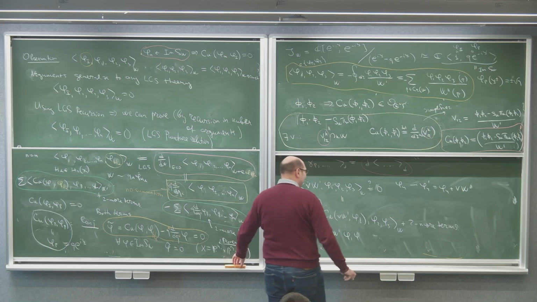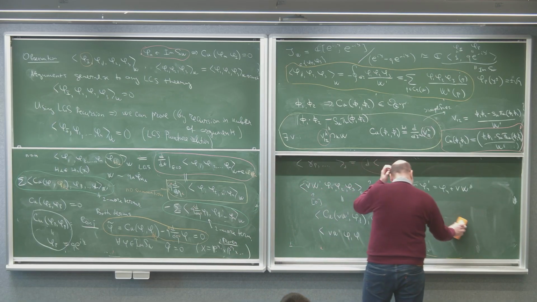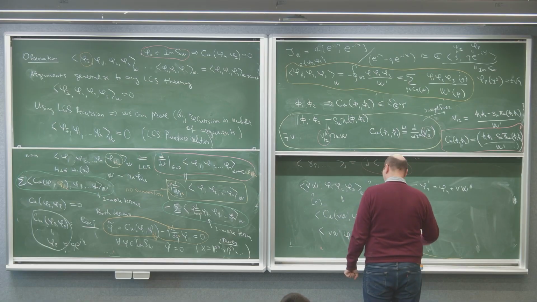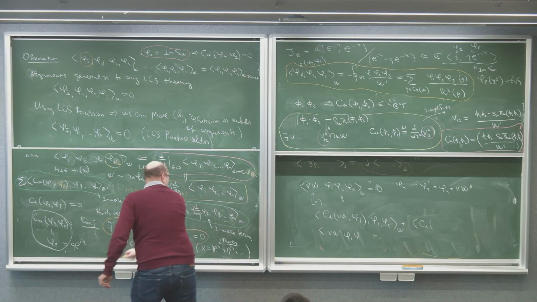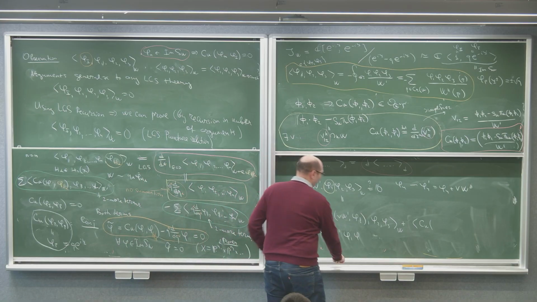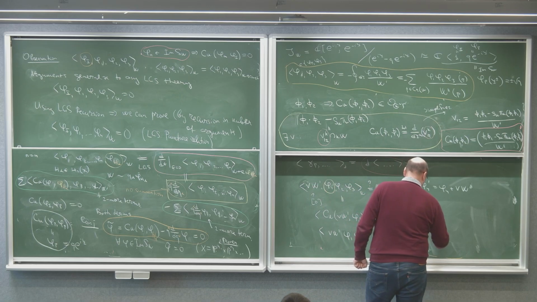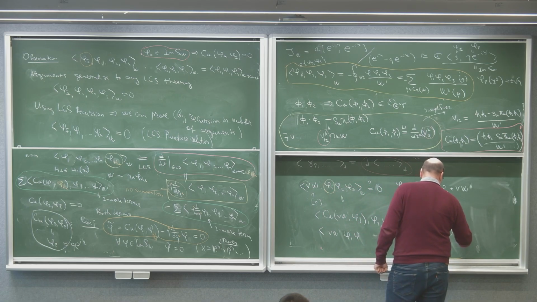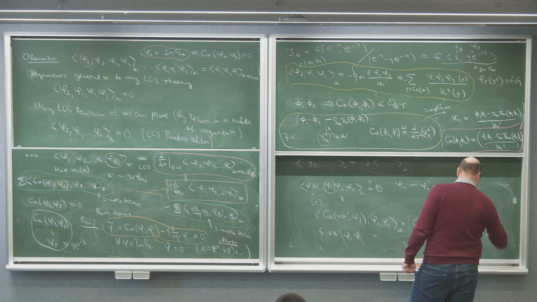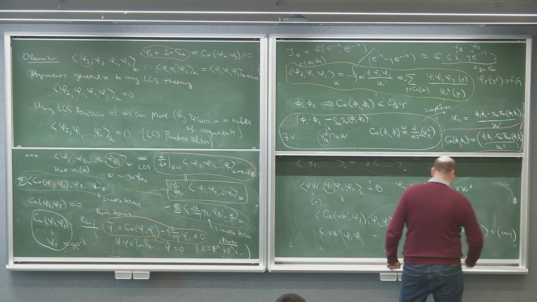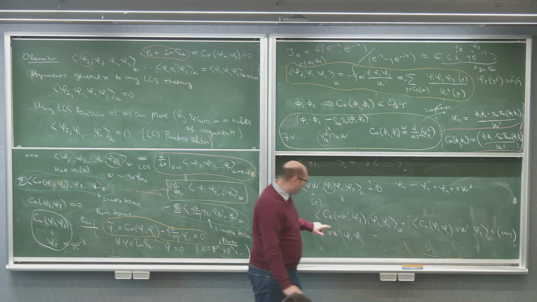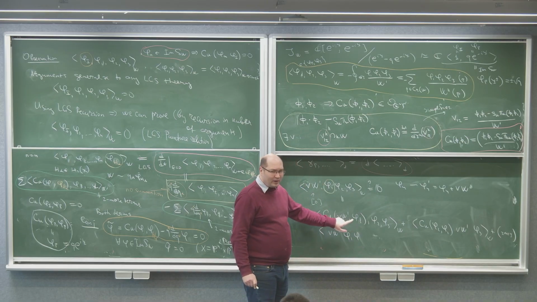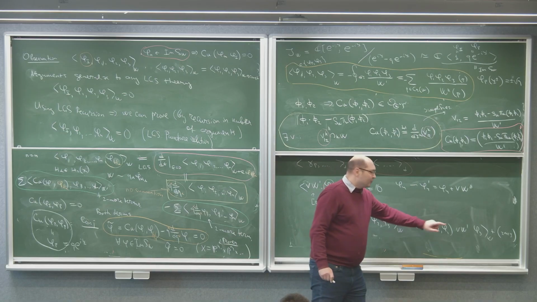Sorry, not two terms. I need to be more careful with that, because here I do a recursion with respect to phi. So this term will be something like phi 2, phi 1 contracted with v w prime, phi 3, and one more term where we interchange 2 and 3. So among these three terms, there are two types: a contact term between v w prime and some phi, and a contact term between phi and phi.